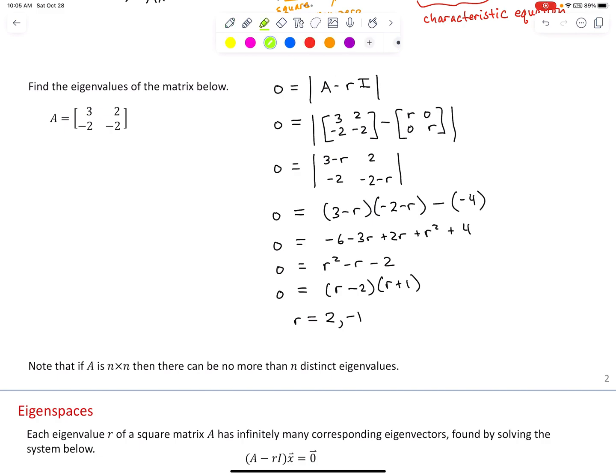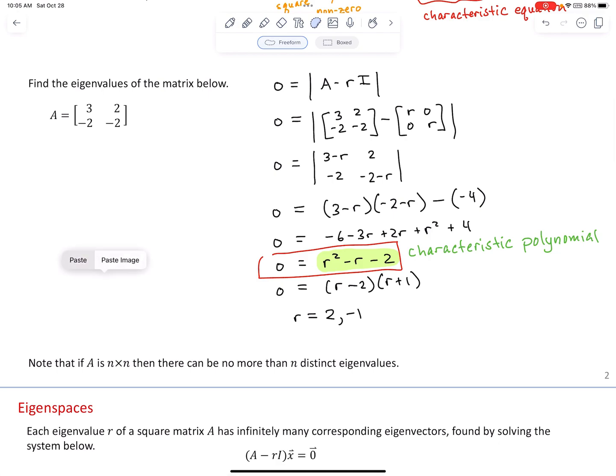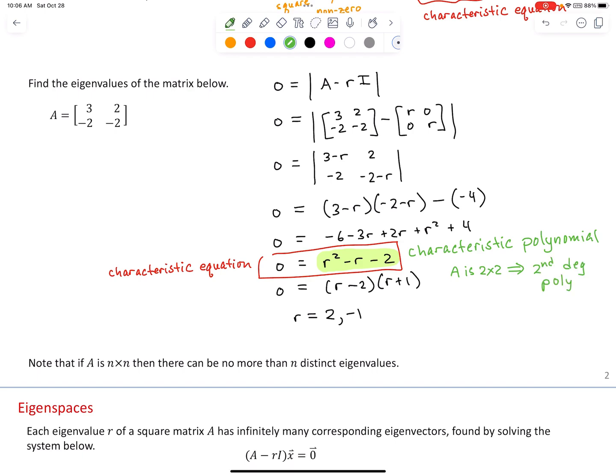Now for some terminology, this polynomial right here is called the characteristic polynomial. But when we set it equal to 0, this is what we were calling the characteristic equation. Equation implies that there's an equal sign. Now if A is a 2 by 2 matrix, this will imply that we will produce a second degree polynomial, which means that we expect no more than two distinct eigenvalues.